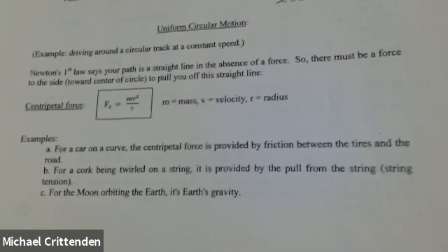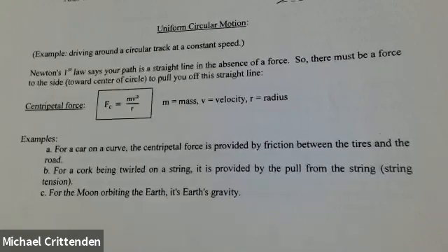So you come to this curve, and there is so little friction between the tires and the road, you might as well just say there isn't any. What happens? The road turns left, your car goes straight because your car is obeying Newton's first law.